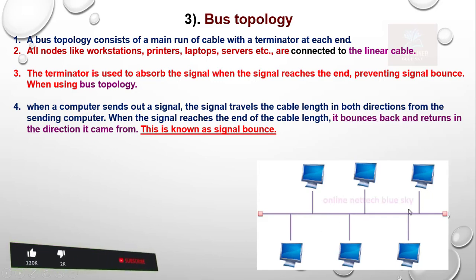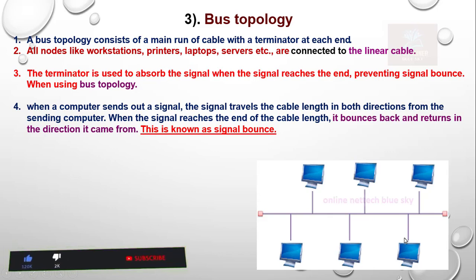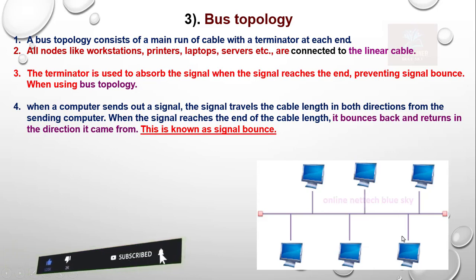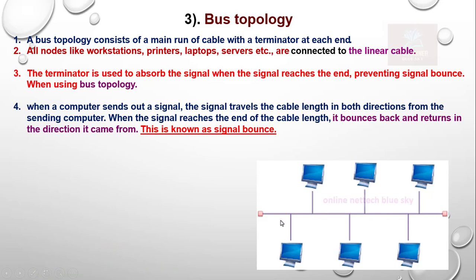So every signal flows in every direction, because all computers are directly connected to this main cable. When the signal reaches the end of the cable length, it bounces back in the direction it came from. This is known as signal bounce.